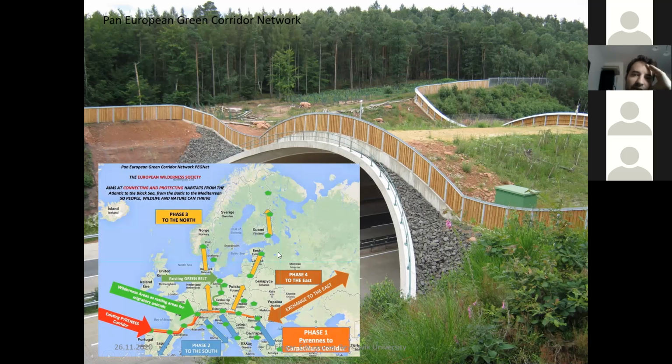It's a way of mitigating the impact of a highway, and then show that the project of the highway is still acceptable, even though there are some severe impacts on the connectivity of the wildlife.